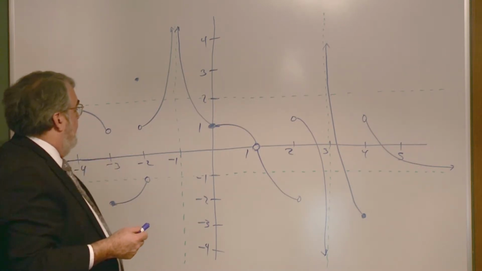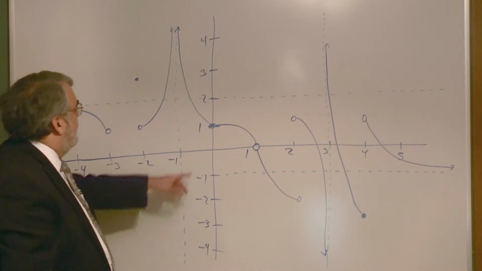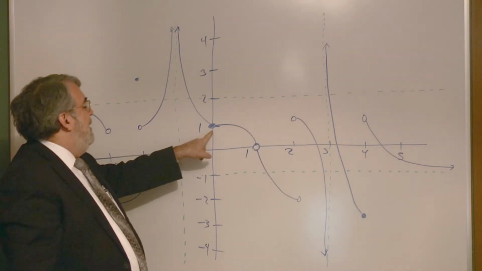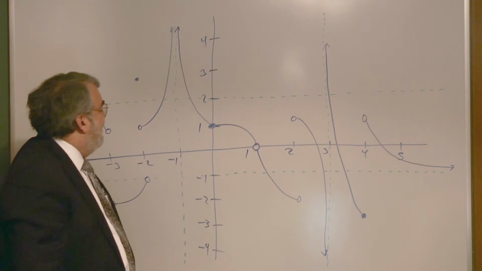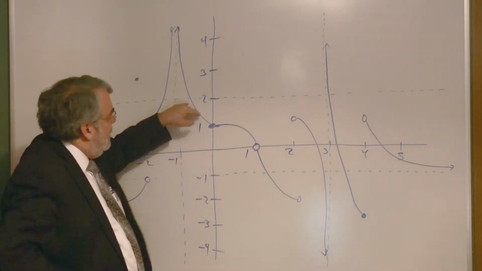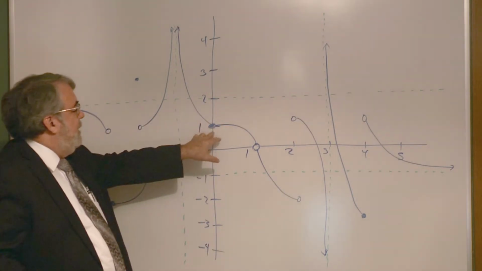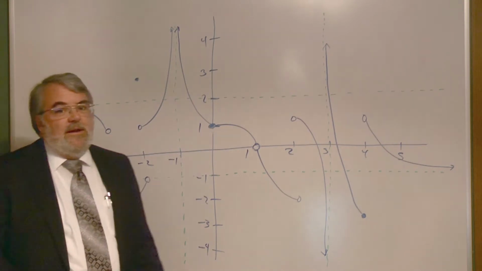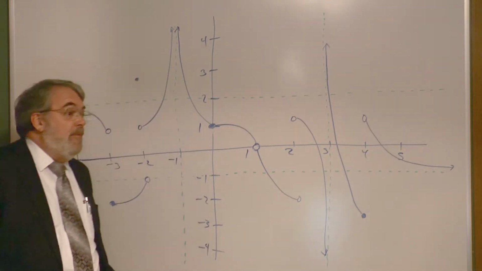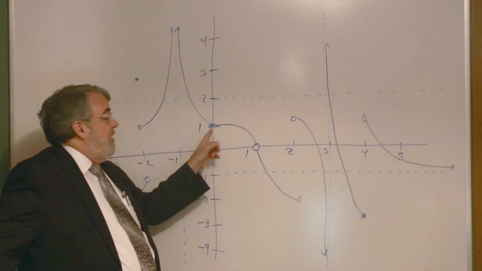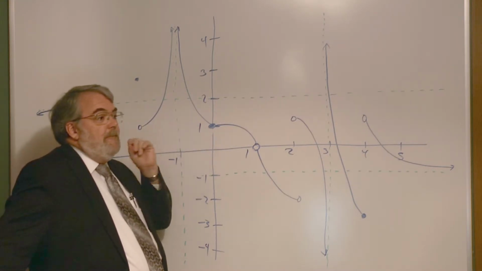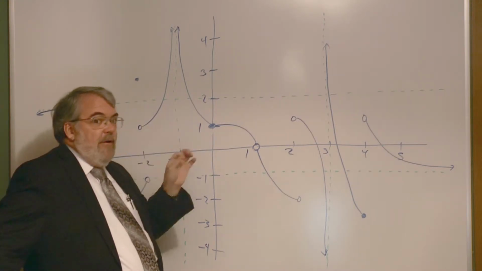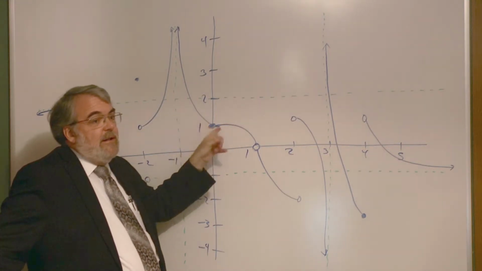Let's see. The limit at 0 is going to be 1. The function at 0 is 1. Both sides are equal, so nothing is going on here. And actually that's a working definition of continuity at a point. When a function is continuous at a point, the value of the function is equal to the two-sided limit.